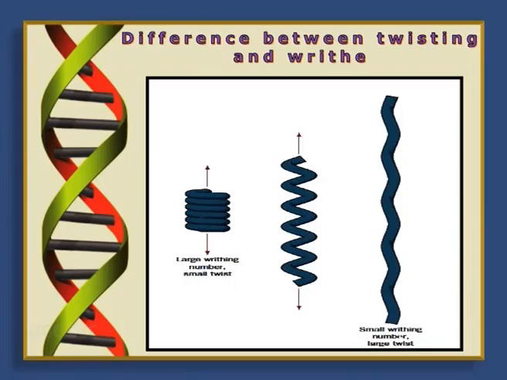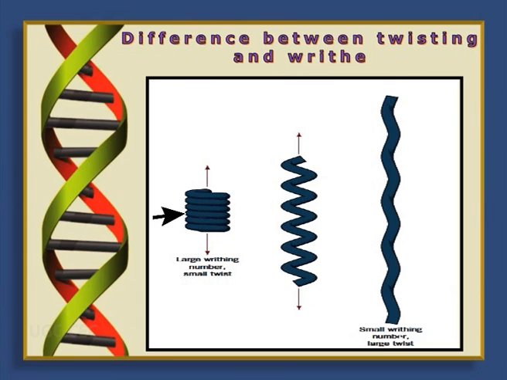Apart from this, when a covalently closed circular DNA molecule is torsionally stressed, it results in the formation of writhe. The writhe formation takes place because the long axis of the DNA molecule becomes twisted on itself in three-dimensional structure, thereby forming writhe. Now, twist and writhe are interconvertible.